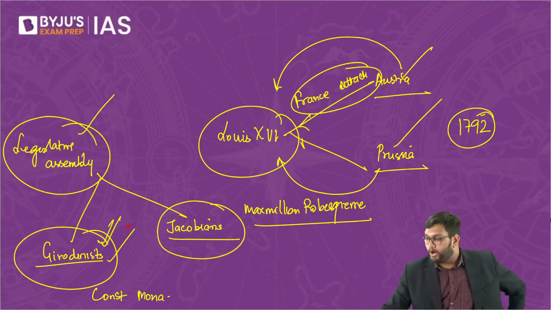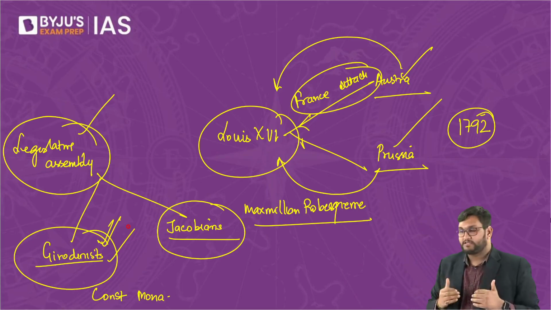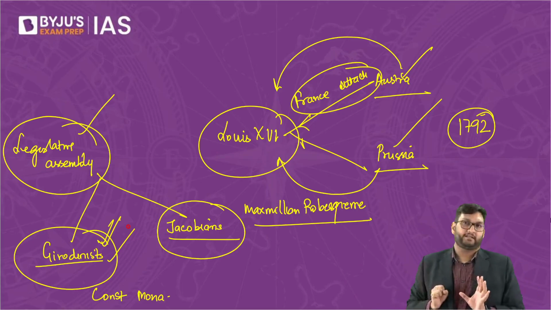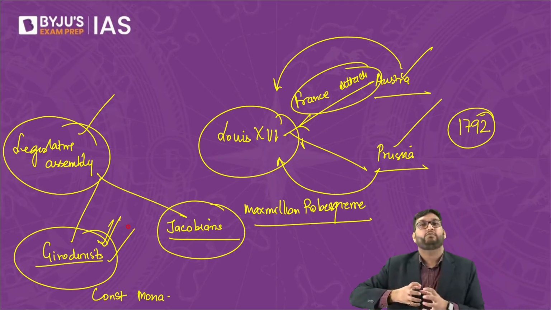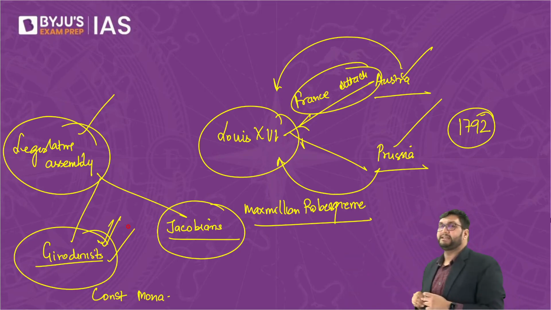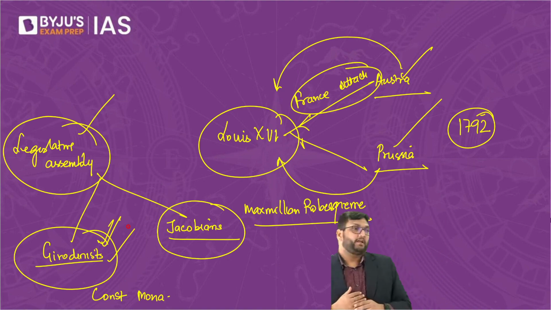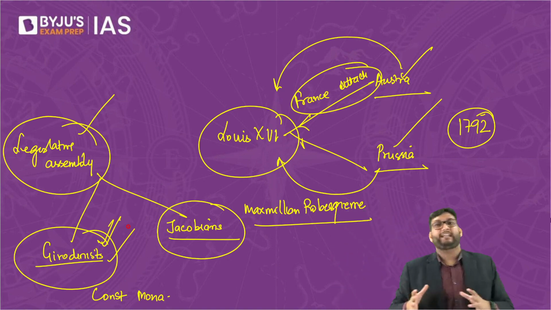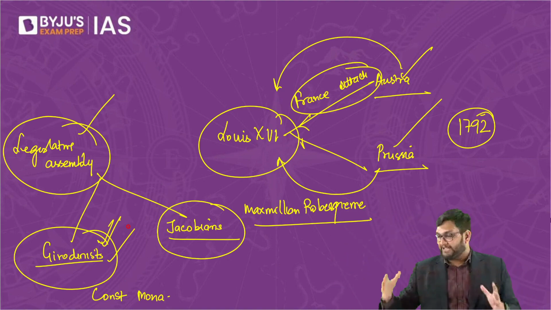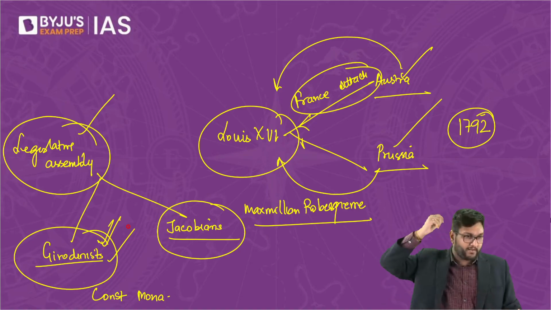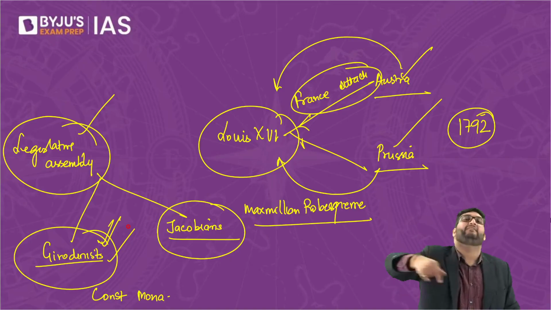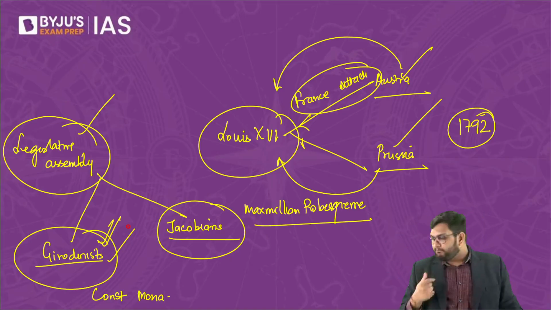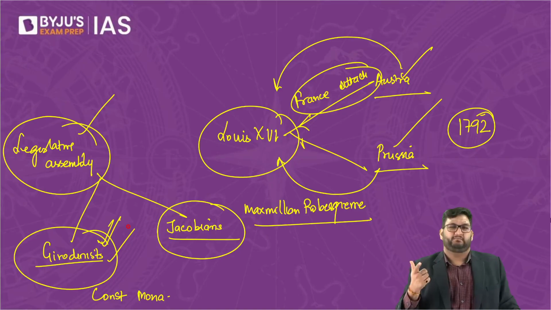So now, what Louis XVI does, as soon as the war starts, is try to flee France. One time he takes a carriage and reaches the eastern border of France. Just before crossing the border, somebody identifies him and says, "I've seen this person somewhere."